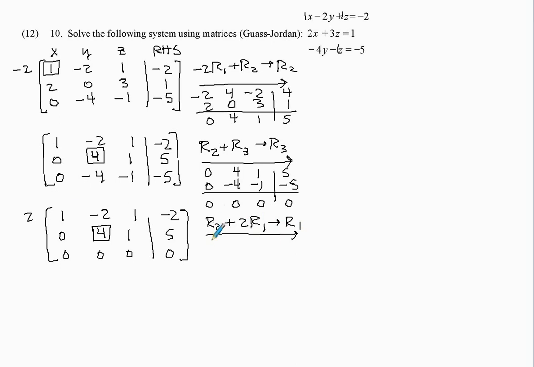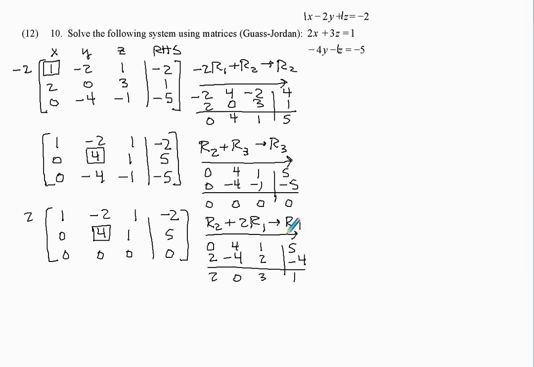Alright, so rewrite your row 2, 0, 4, 1, 5. And then 2 row 1, 2 times 1, 2. 2 times negative 2, negative 4. 2 times 1, 2. And 2 times negative 2, negative 4. Now add these. 2, 0, 3, and 5 minus 4, 1.